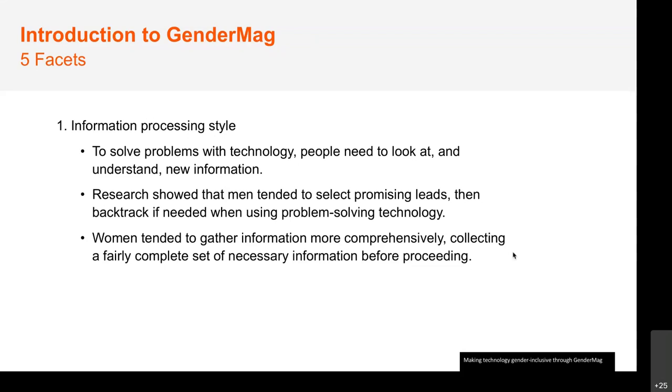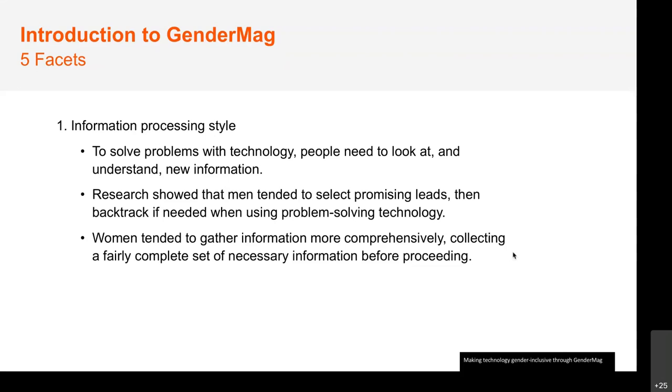If they want to do something with that technology, they also have to understand what the process is. So previous research has shown that men tend to use what is called a selective information processing style. So what they tend to do is to select promising leads of information and then backtrack if they need to, if something doesn't quite work out.